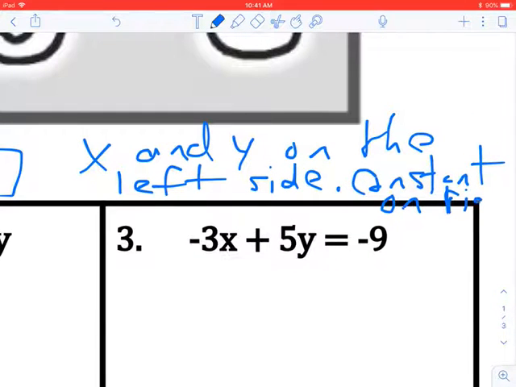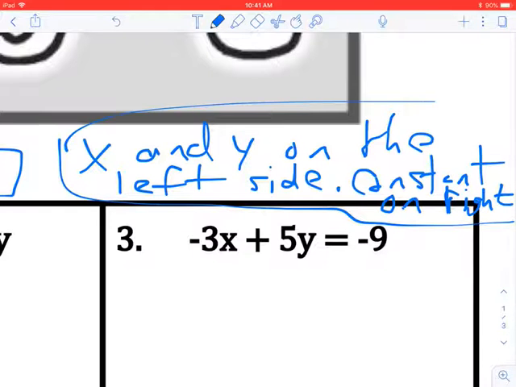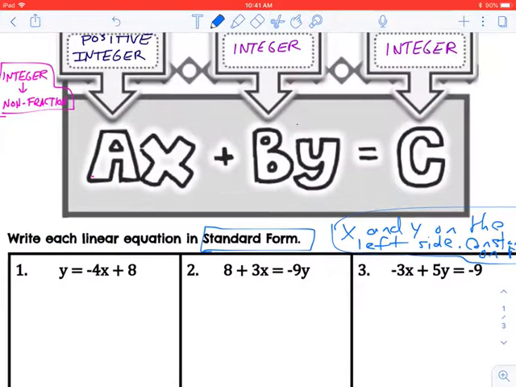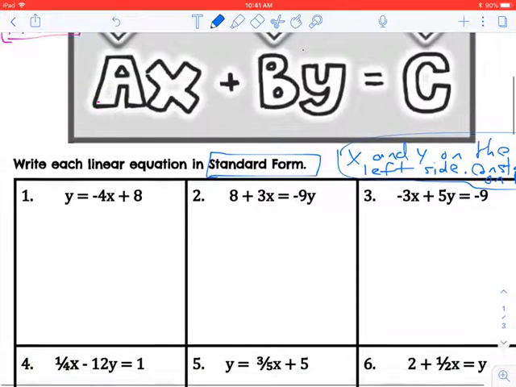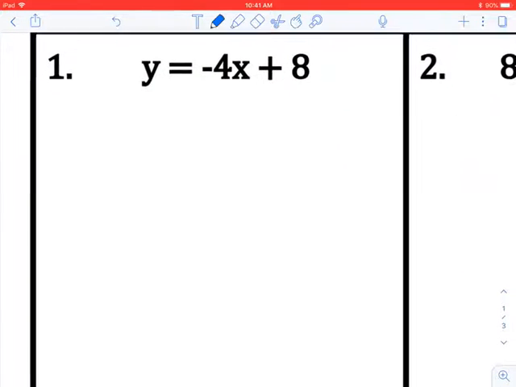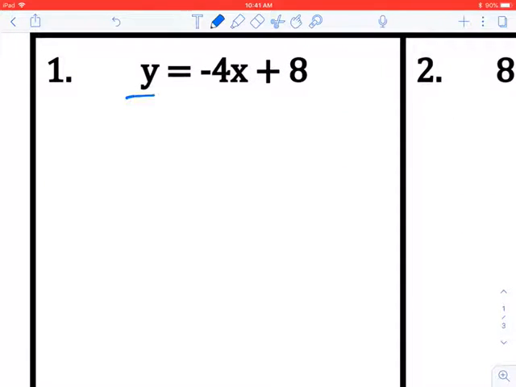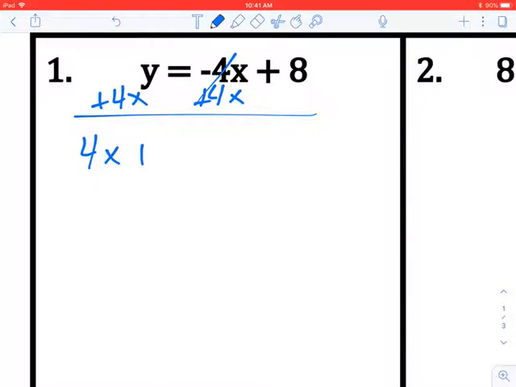Get your constant on the right. Okay? Get the x and y on the left side, constant on the right. So, for number 1, right now I have the y on the left side. I need to get this x on the left side. So add 4x, and now we have 4x plus y equals 8.